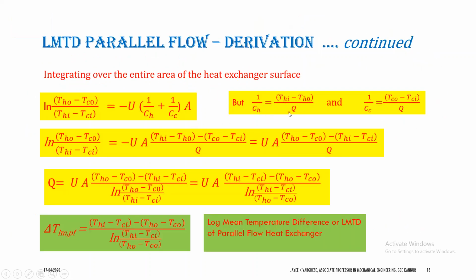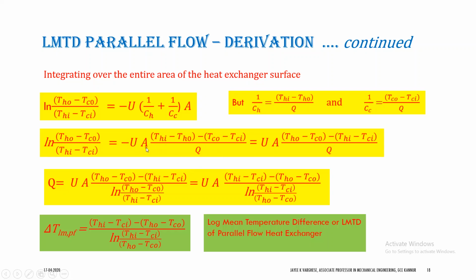1 by Ch equals Thi minus Tho by Q, and 1 by Cc is equal to Tco minus Tci divided by Q. So substituting this, we will get log Tho minus Tco divided by Thi minus Tci is equal to minus U into area into Thi minus Tho divided by Q minus Tco minus Tci divided by Q. So Q is taken as a common quotient, and the negative sign is taken inside to the numerator.